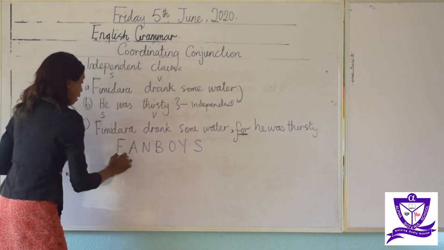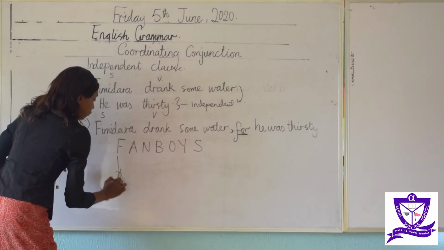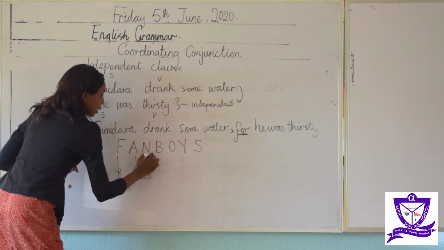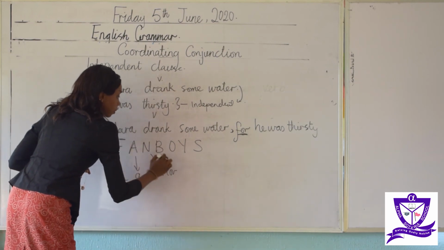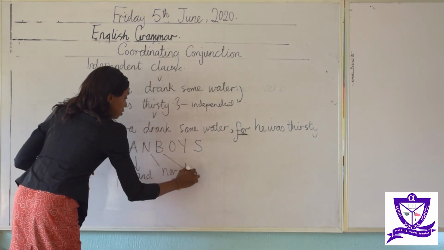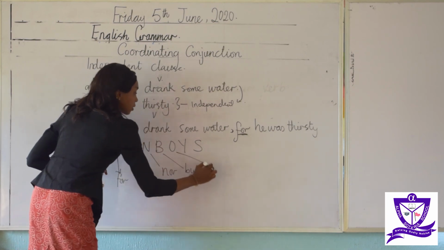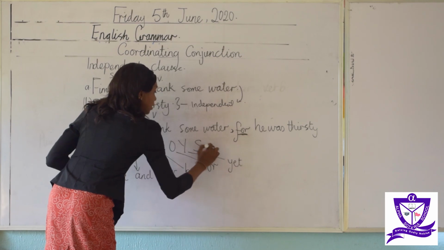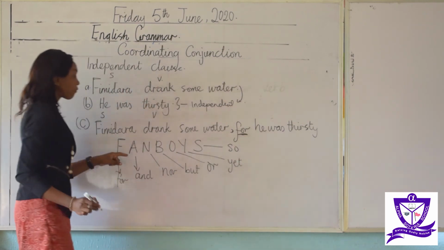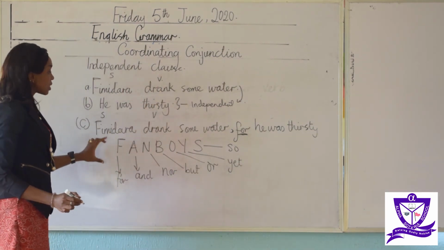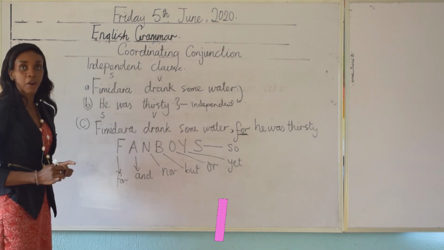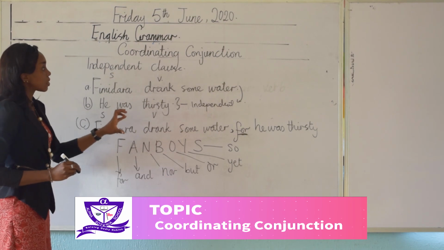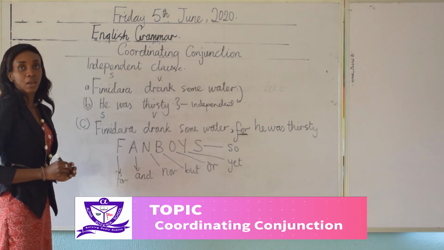So here we have F is for, A is and, N is nor, B is but, O is or, Y is yet, and S is so. So don't forget these mnemonics. With these mnemonics, you'll be able to understand perfectly well the seven coordinators we have in the English language.